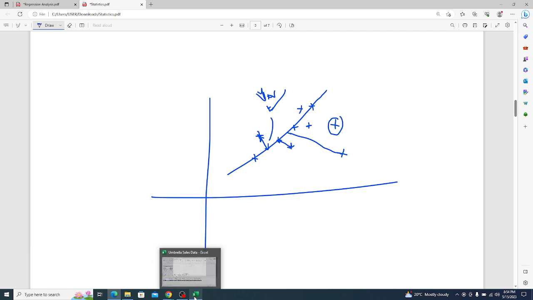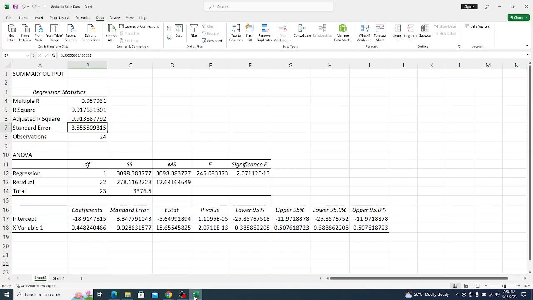So basically that's how I can define the standard error. In case it's not clear, we can go and research more.